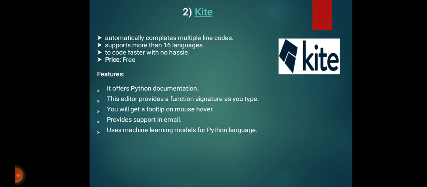Also, this editor supports more than 16 languages, so you can use this IDE tool in 16 different programming languages. It helps you to code faster with no hassle. There are no complications while using this software, and it is free of cost. You don't have to pay anything for this software.